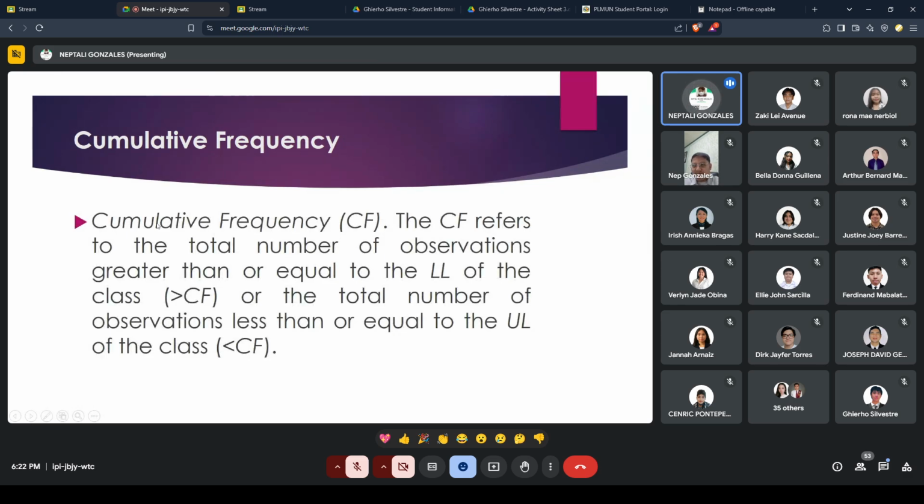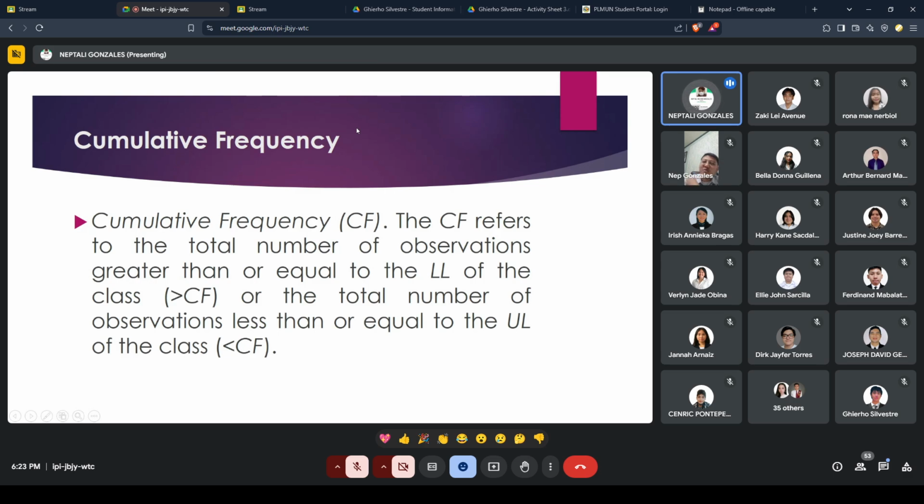So the CF refers to the total number of observations greater than or equal to the lower limit of the class. So that is the greater than cumulative frequency, or greater than CF, or the total number of observations less than or equal to the UL of the class, or less than CF.